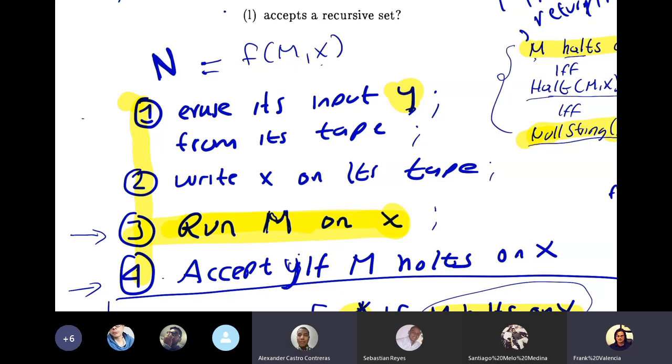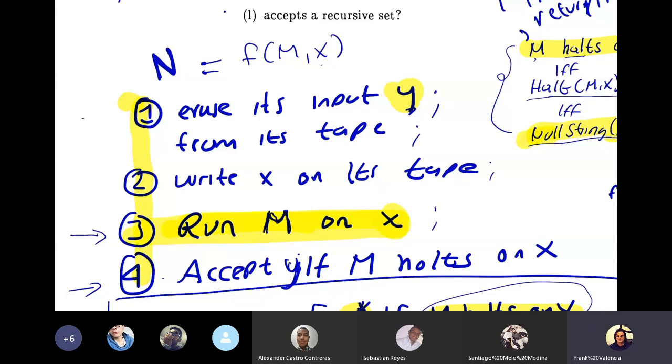Because the machine always has an input tape, and then you just replace the content with the other. That's all, okay? Maybe there are other ways to do that, but let us assume, for simplicity, that that's what you do. You remove the input, and then you replace it with X.